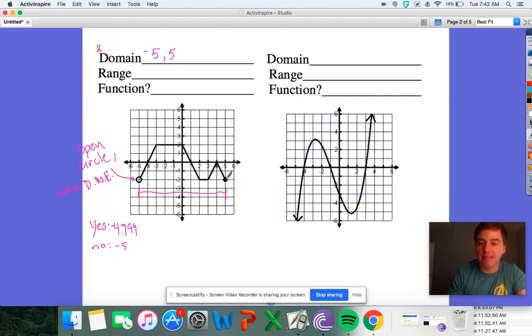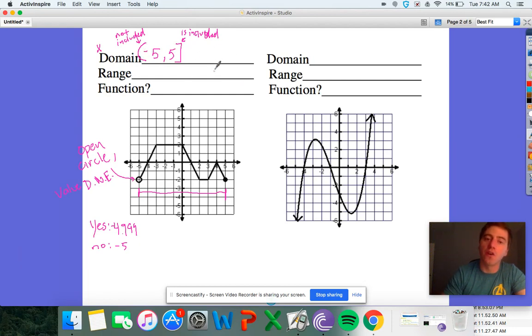So this 5, yes, included. We use a bracket for that, like this. This one is not. Since it's an open circle, we use a parenthesis for that. So this means -5 to 5, but -5 is not included and 5 is.